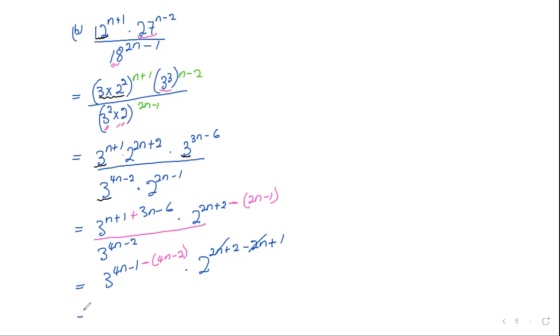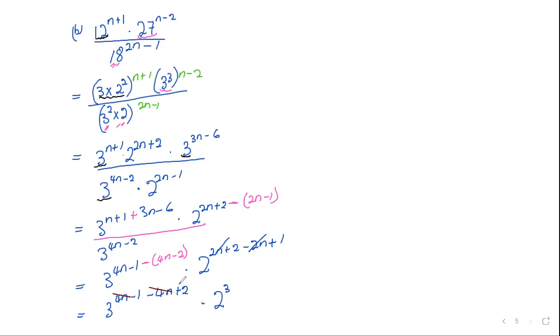So this is 3 to the 4n minus 1 minus 4n plus 2, times 2 to the power of 3. Equally well, this drops with that.